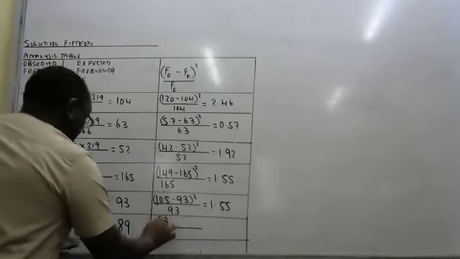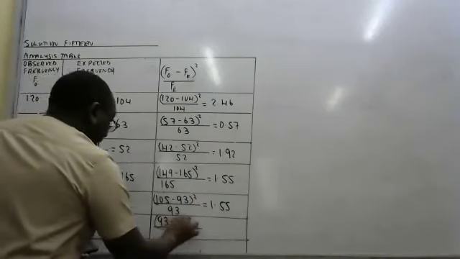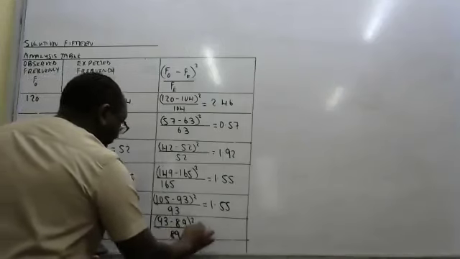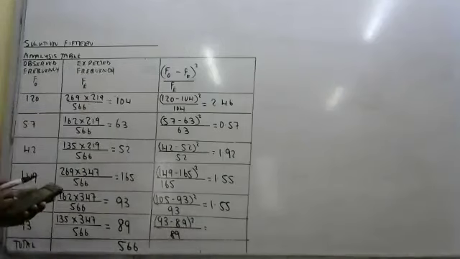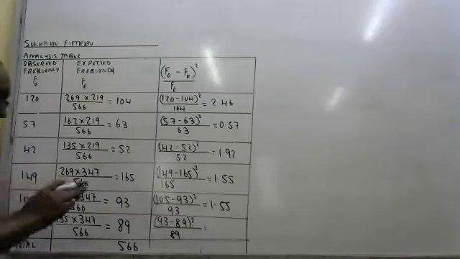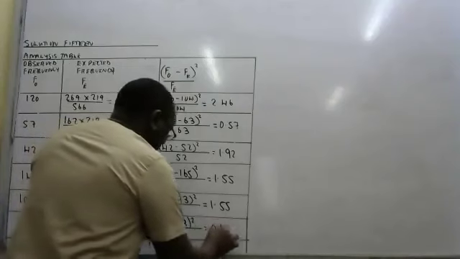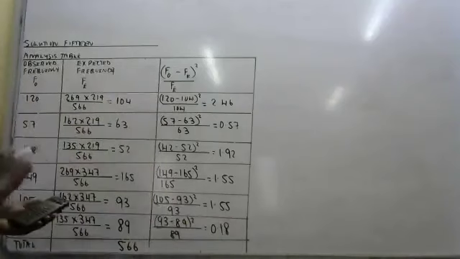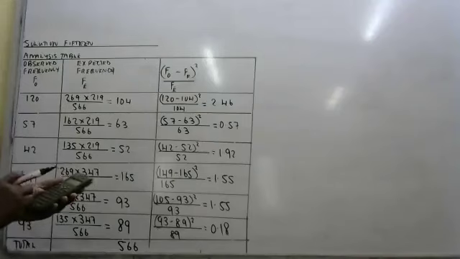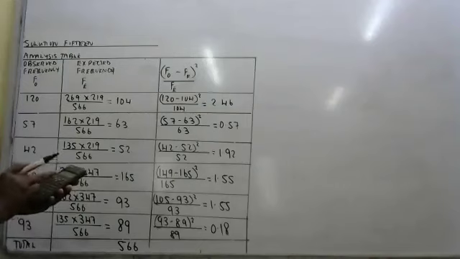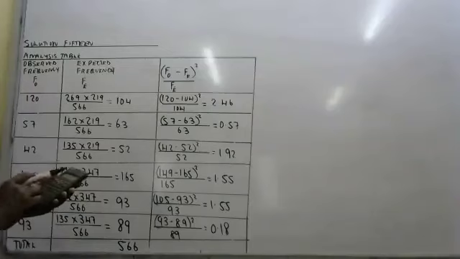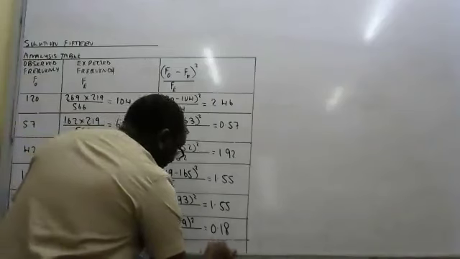Then 93 minus 89, you square, you divide by 89 is 0.18. So you add those ones, 2.46 plus 0.57 plus 1.92 plus 1.55 plus 1.55 plus 0.18, and getting 8.23.